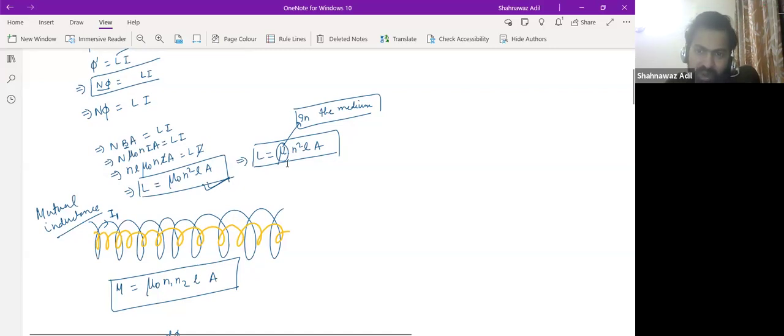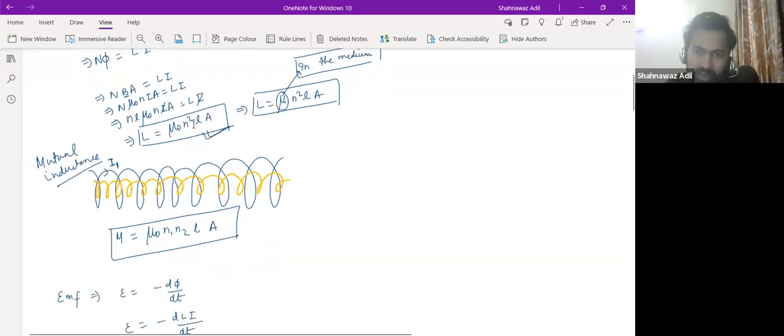So just write this formula. This formula is the important one. Just note down this formula for self-inductance and this formula for mutual inductance, these two things, and then we'll do a couple of questions.